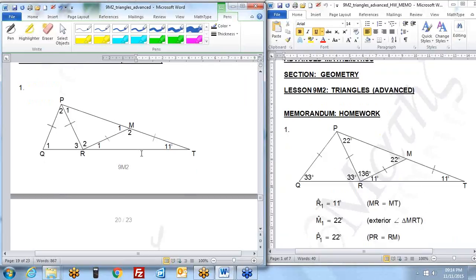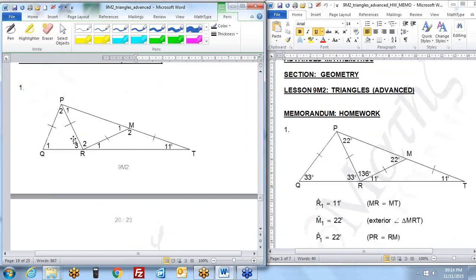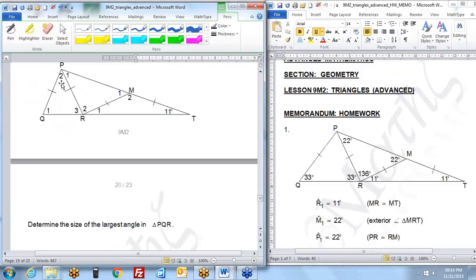Right, so for the first one, determine the size of the largest angle in triangle PRQ, in other words, in this triangle over here.